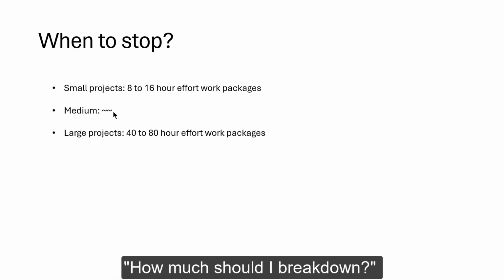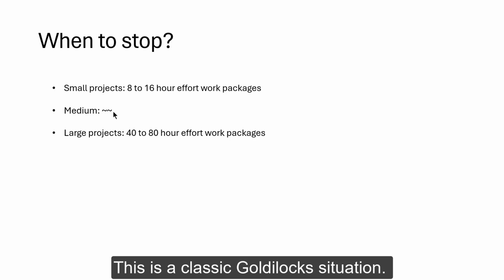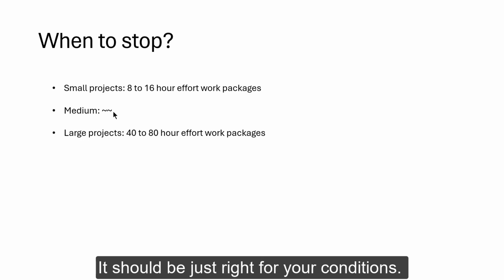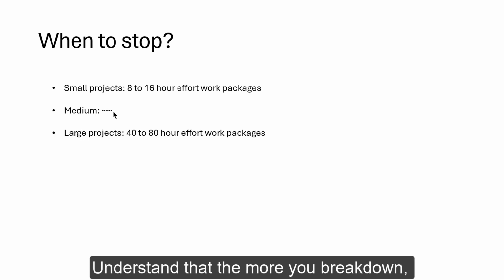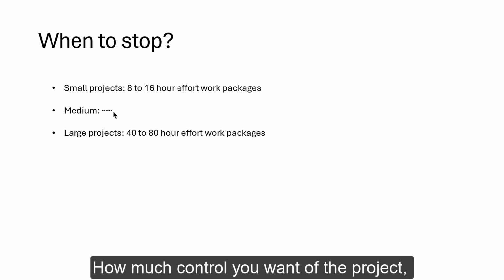So the question now is, how much should I break down? Or when should I stop decomposing? Now, this is a classic Goldilocks situation. Your final work packages should neither be too big nor too small. It should be just right for your conditions. Understand that the more you break down, the more manageable your project becomes, up to a limit.